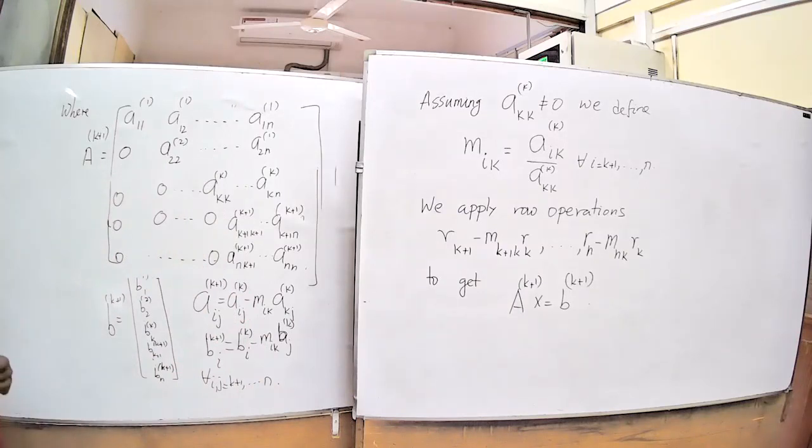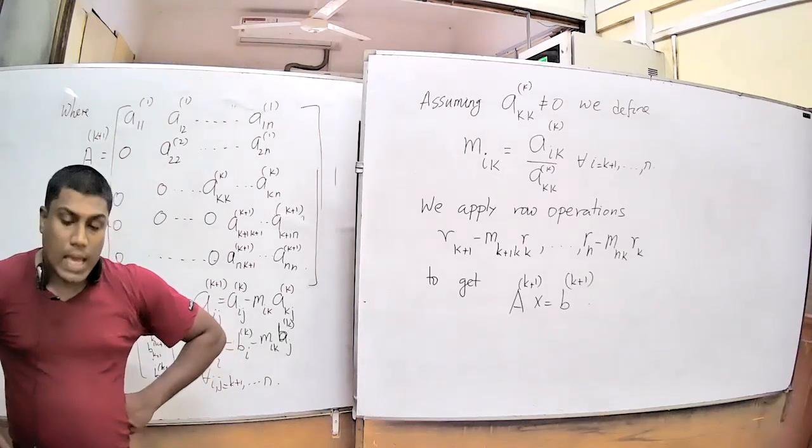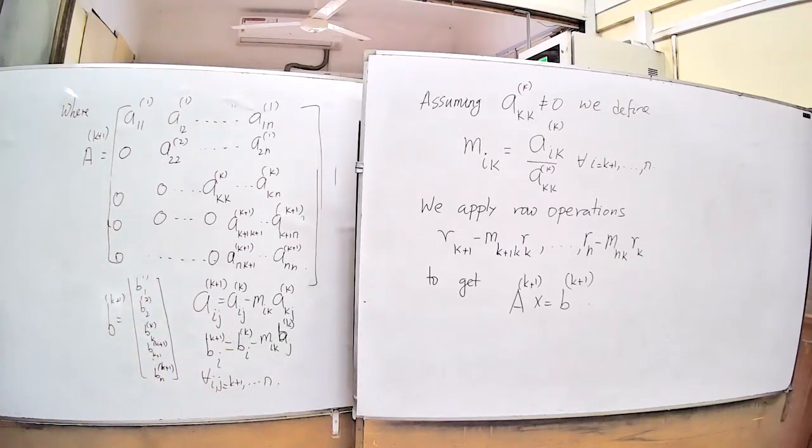So this is the general formula for the terms on the rows and columns after the k plus first column and k plus first row. Up to the k-th column, we see that the elimination process works. Assuming it is true up to k minus 1 steps, we prove that it works for the k-th step.